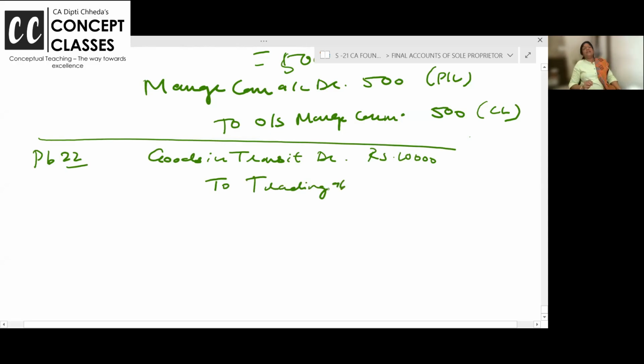Same for goods with the consignee and goods lying with the third party and approval basis and all.